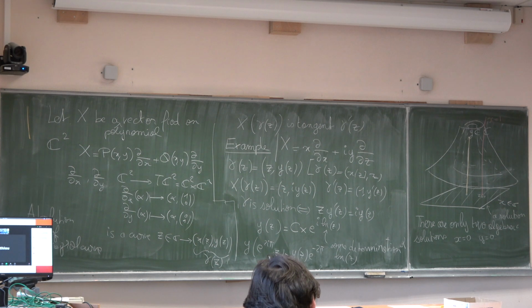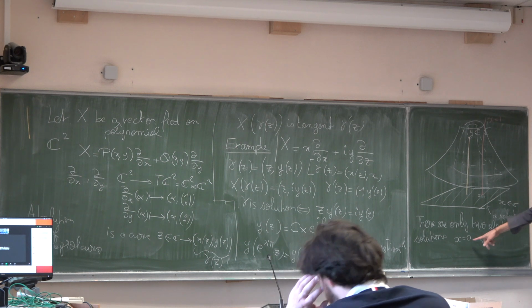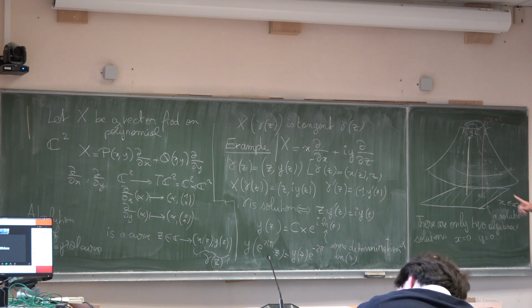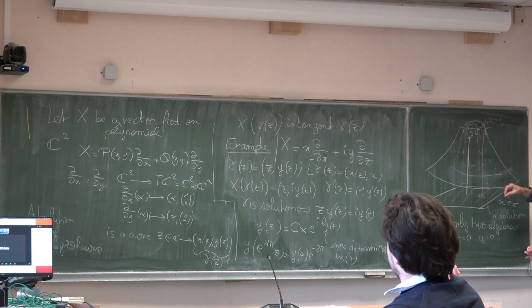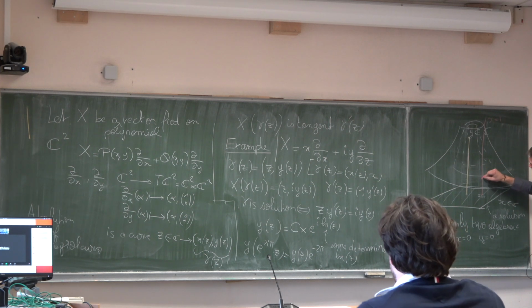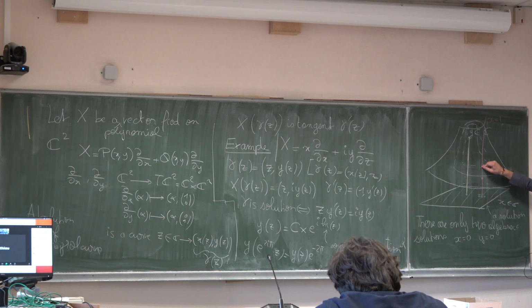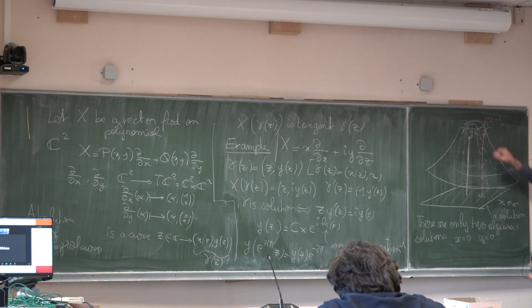It's easy to see that if you look at a solution which is not x equal to 0 or y equal to 0, this line is going to intersect the graph of this solution an infinite number of times. Here, for instance, and then here, and then here, and then here.